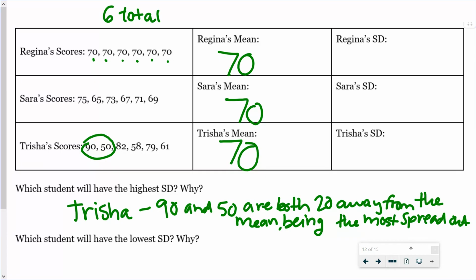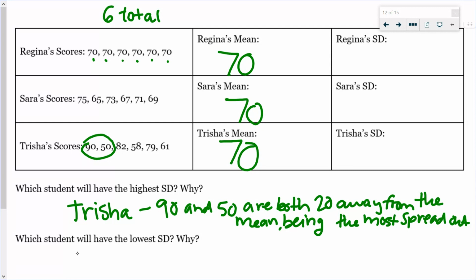So I'm looking at where is my data? I have these numbers that are furthest away from my average, which means that they are going to give the most spread to my data, and therefore it has the highest standard deviation.